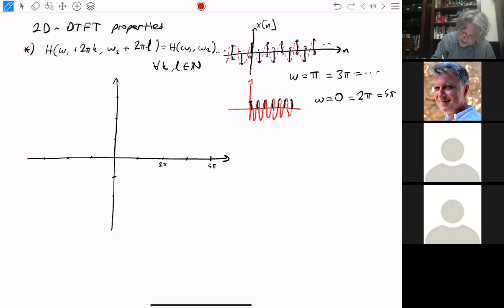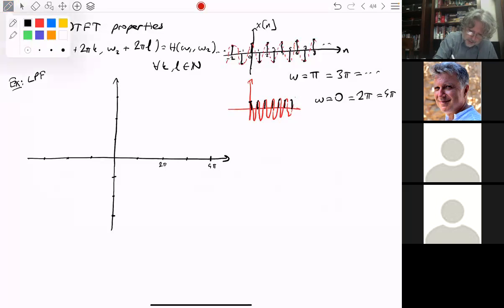So every dot would correspond to an increase by pi. This is an example of a low-pass filter. For instance, this is a low-pass filter. Maybe I should draw it with a different color.